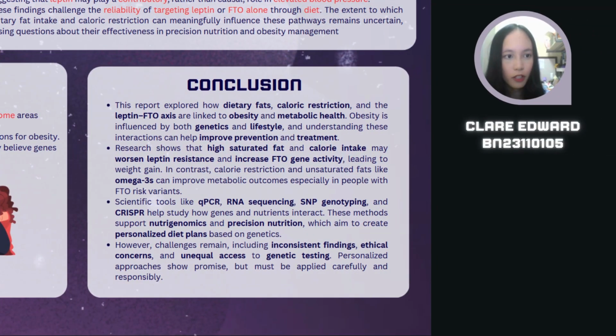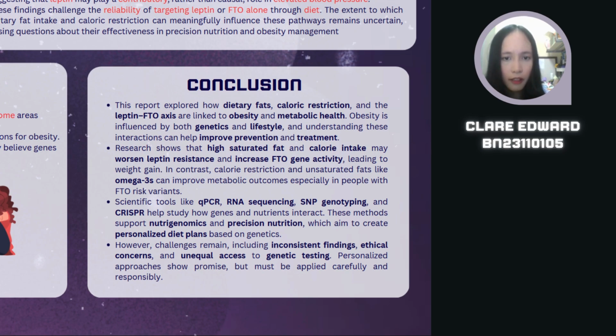In conclusion, this report examined how dietary fats, caloric restriction, and the leptin-FTO axis are connected to obesity and metabolic health. We found that obesity is not just influenced by lifestyle, but also by genetic factors, making it more complex than it seems. Research shows that consuming too much saturated fat and calories can lead to leptin resistance and increased FTO gene activity, both of which contribute to weight gain.